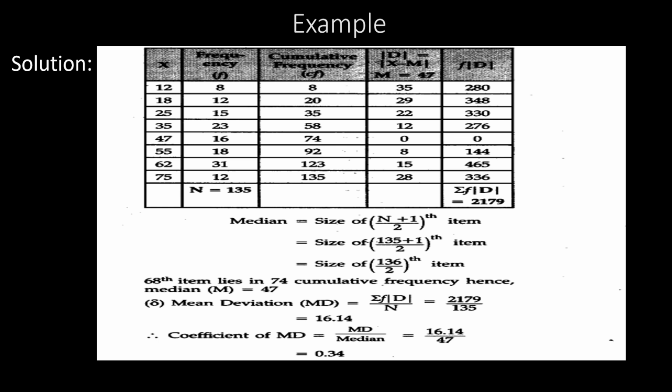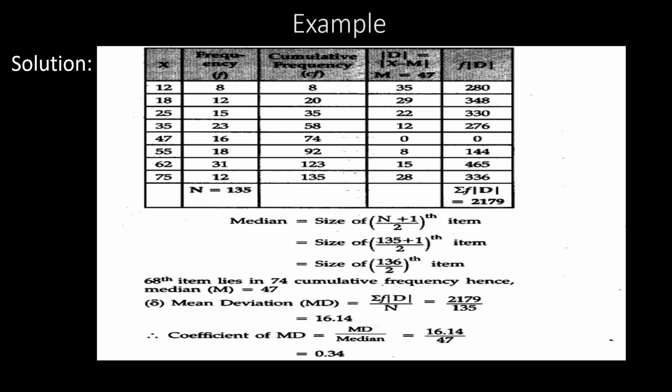After finding this, to get the median, we are required to find the size of the (N plus 1) by 2th observation. Here capital N is the total of frequencies, which is 135. So 135 plus 1 by 2 gives you 68. And this 68 we have to compare in the cumulative frequency. If an equal value is there, then the corresponding x value will be the median.